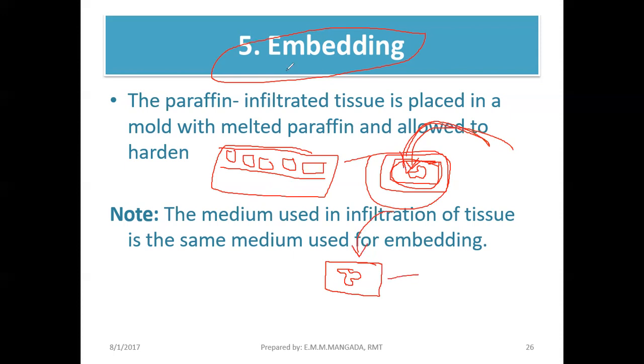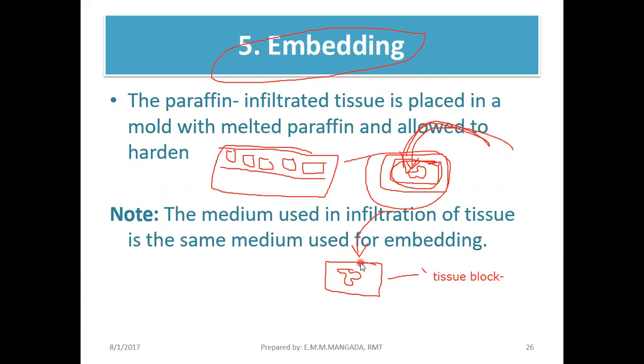What this is called, guys, is your, hold on, that is called a tissue block. Your tissue block actually contains your paraffin-infiltrated tissue and, of course, the paraffin block. The paraffin is around it, right? So the surrounding is paraffin, and this is your tissue.